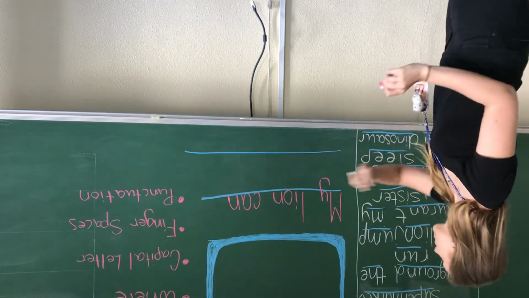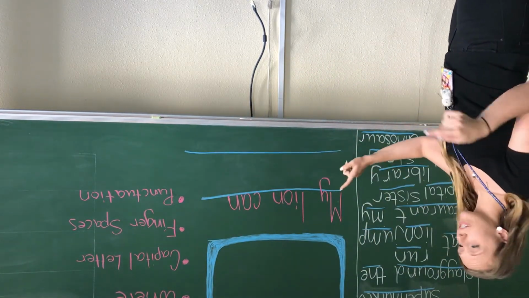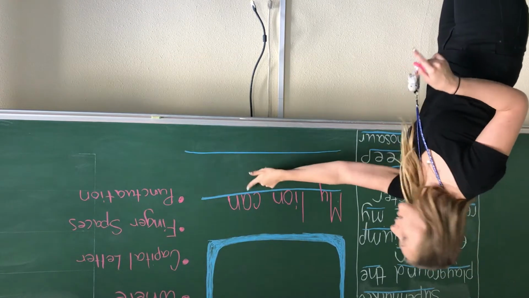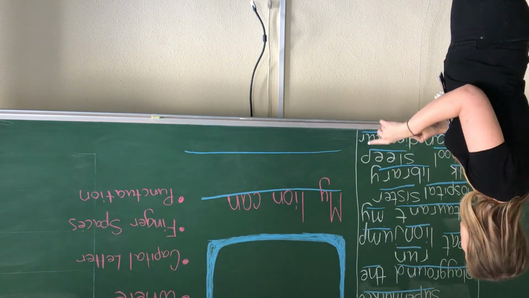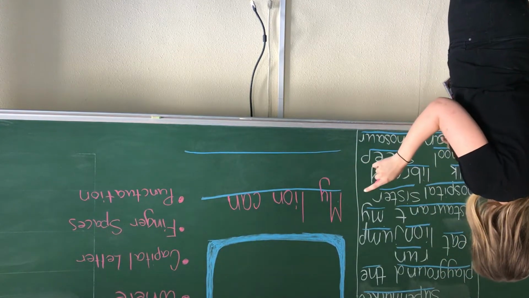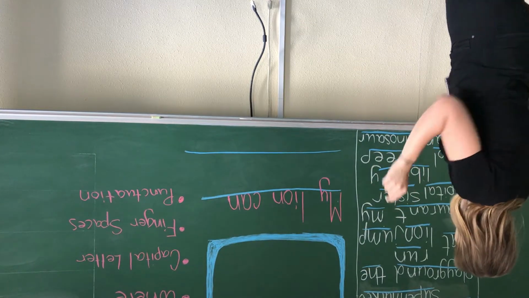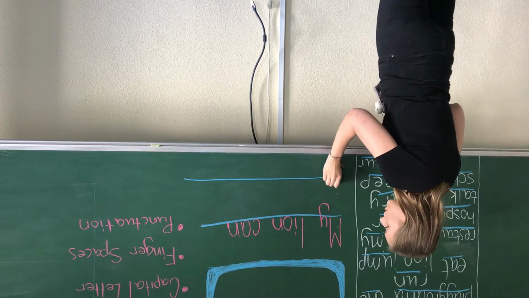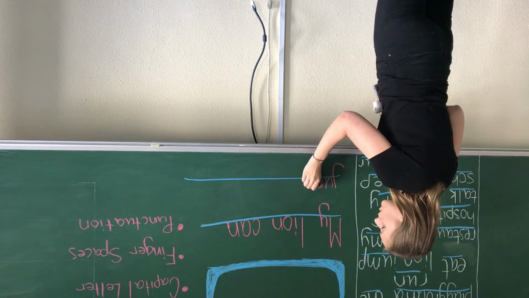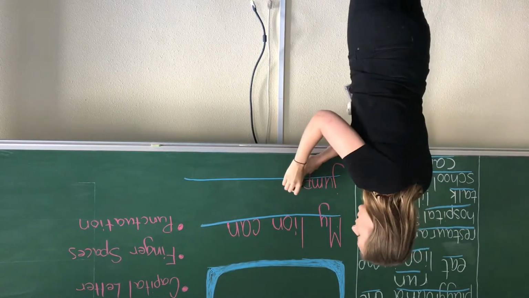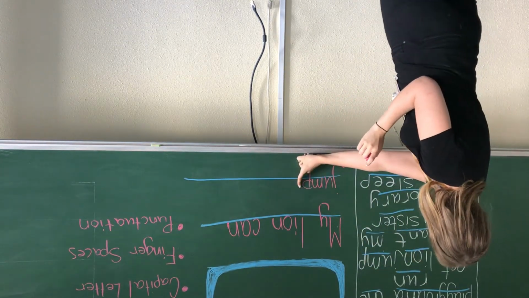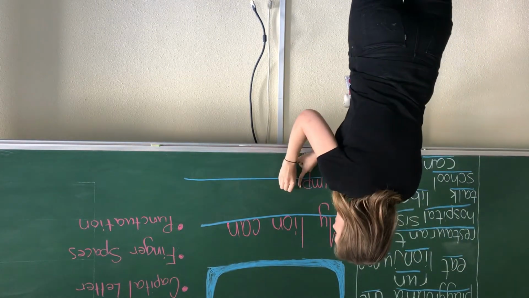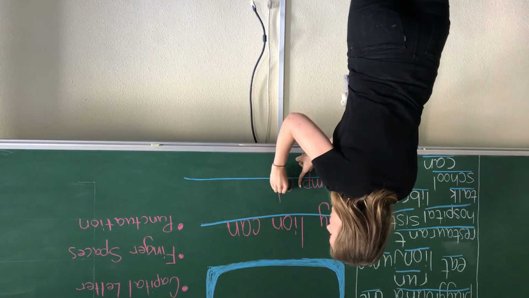My lion can, and I would tell them to read it each time. My lion can, so they don't lose where they are. My lion can jump. J-U-M-P. Finger space, at. A-T.